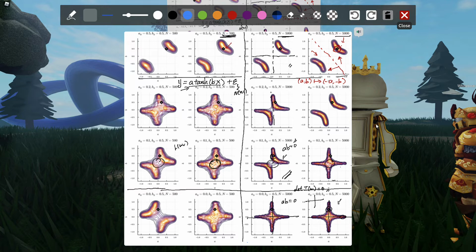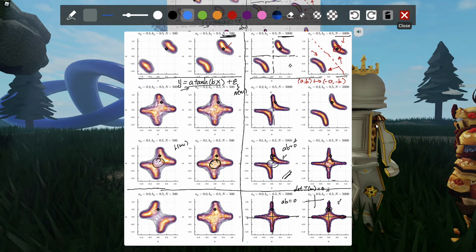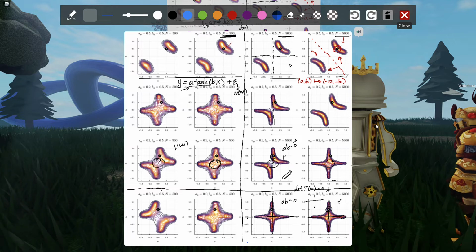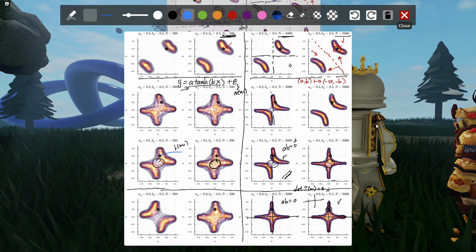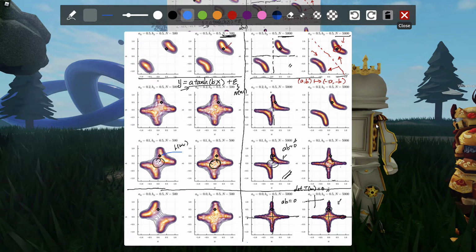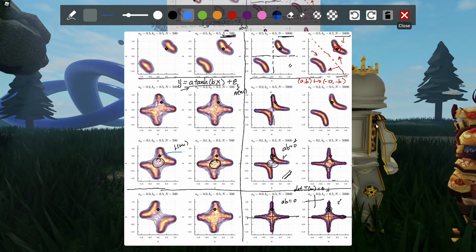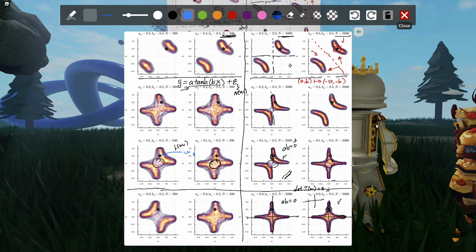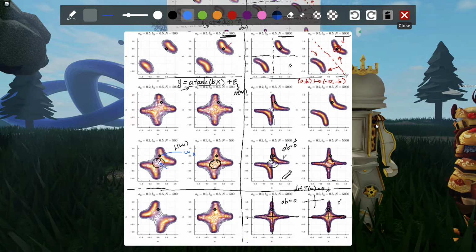Was that W0? Well, the true parameter is A naught, B naught, but yes, W0 is fine. Okay, so I'll just put that on the plot. So there's W0 and there's 0.